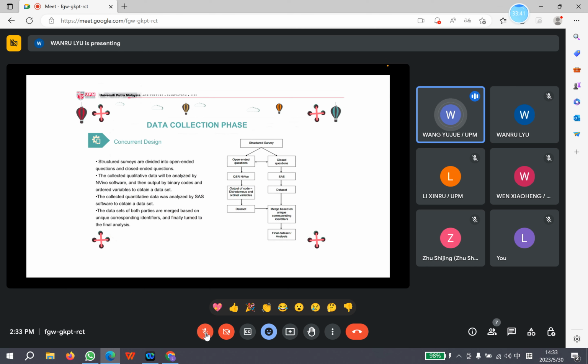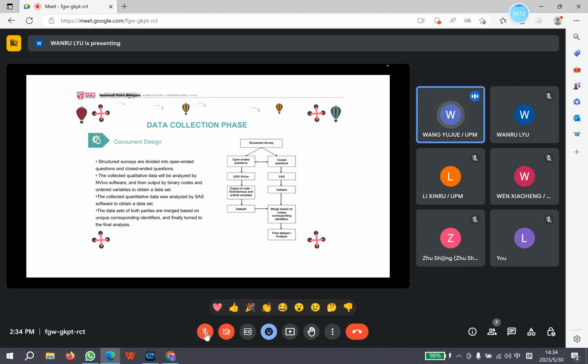Data collection phase. First, concurrent design. As shown in Figure 1, structured surveys are divided into open-ended questions and closed-ended questions. And the collected qualitative data will be analyzed by NVivo software and then output as binary codes and ordered variables to obtain a data set.